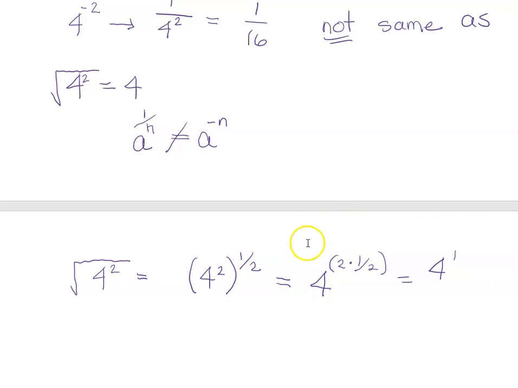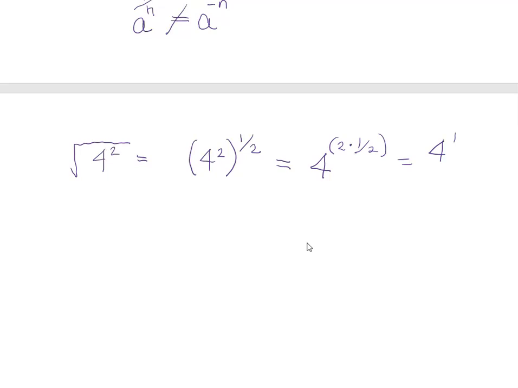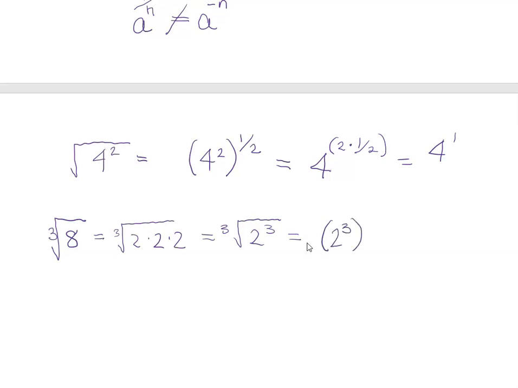So let me give another example. If I go back to my cube root of 8, I'm going to pull this apart and I'm going to say I have the cube root of 2 times 2 times 2, which is the same as the cube root of 2 cubed, which is the same as my 2 cubed raised to the 1/3 power.